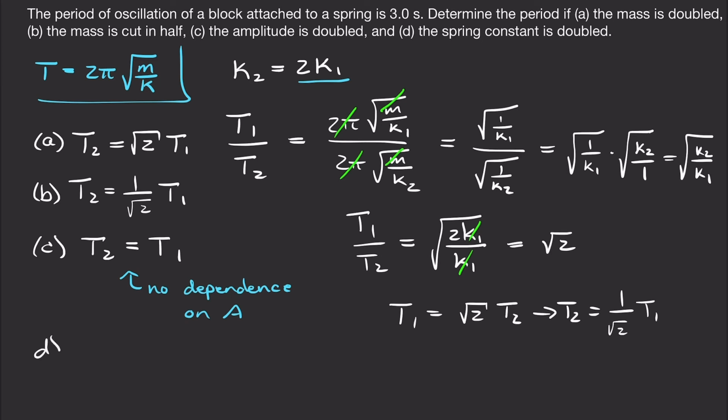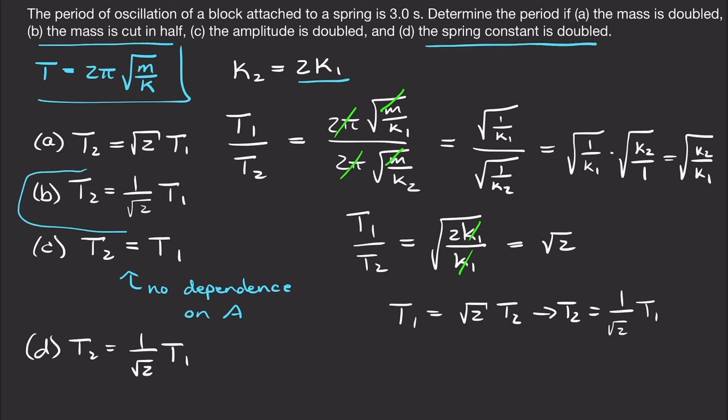So now if we write that, we get T2 is 1 over the square root of 2 times T1. And so doubling the spring constant, what we got for part D, is the same thing as cutting the mass in half. So these are the same, and that's reflected in the fact that mass is in the numerator and the spring constant is in the denominator. Changing one will have the inverse effect of changing the other.